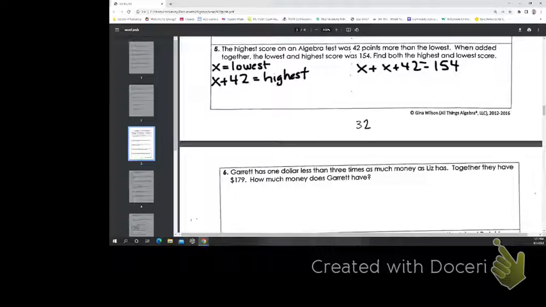And then again, very similar to number 1, where we combined like terms and had 2x, then a 2-step, and then finishing up with division.